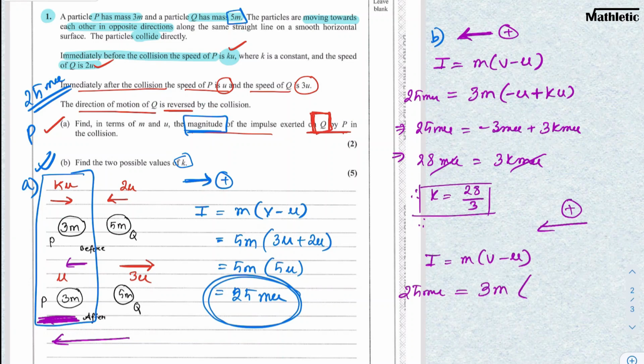I have selected left side positive, and for this case we have assumed that P is moving towards left, so this is towards left. So this should be positive u. But the initial direction is towards left, so that should be minus. Initial direction was towards right, sorry. So towards right, it should be minus. So minus will give us plus ku.